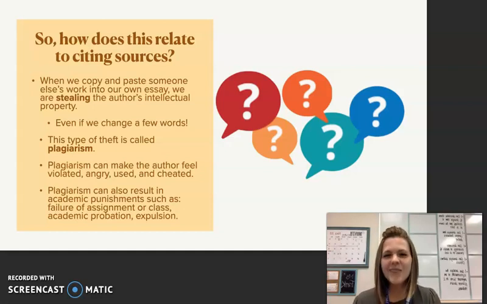Now, it's so important that we learn how to avoid plagiarism because plagiarism can result in some pretty serious academic punishments, especially at the collegiate level.